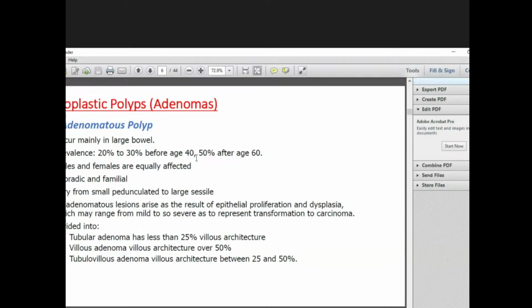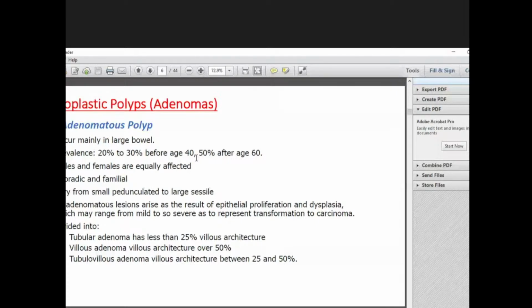They can transform into carcinoma. They are divided by their histological features: tubular adenoma, where you see more tubular glands and less villous architecture; villous adenoma, where you see villous architecture in more than 50% of the adenoma; and tubulovillous, which is a combination of both.